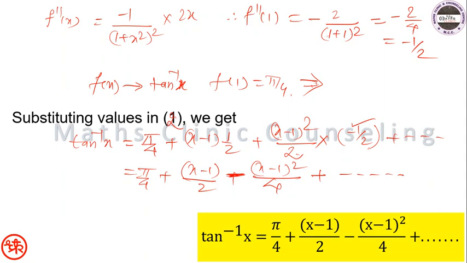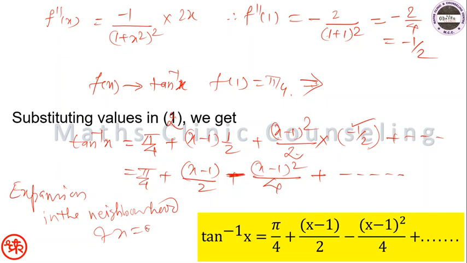So did you understand how to expand functions by using Taylor's theorem in ascending powers of x minus a, or it is also called expansion in the neighborhood of x is equal to a. This is also expansion in the neighborhood of x is equal to 1.